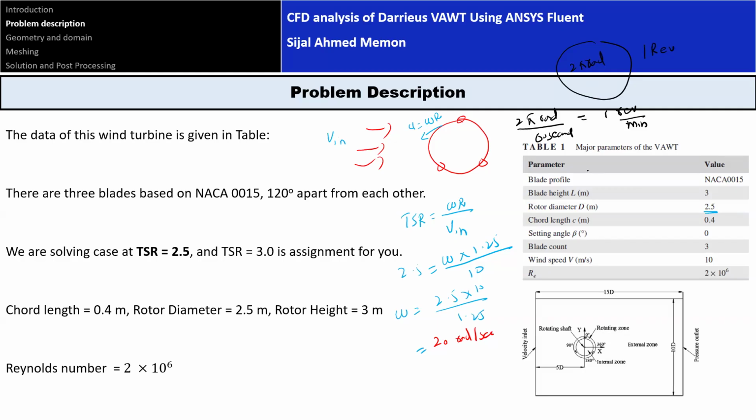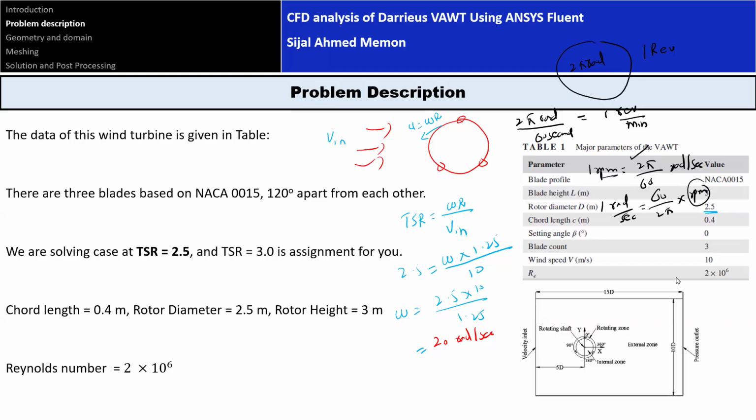So I can write that 1 RPM is equal to 2 pi by 60 radians per second, and 1 radian per second will be 60 divided by 2 pi into the RPM. Whatever RPM there is, put the value there. In this way, we can calculate radians per second, and from radians per second, we can calculate RPM.